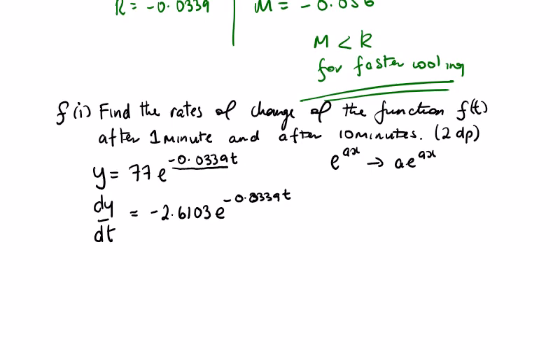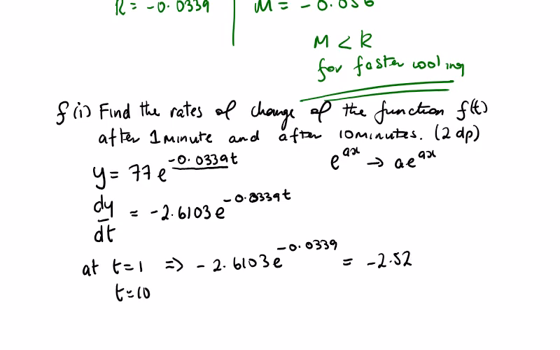So I just need to put 1 in and I need to put 10 in. So at t equal 1, I'm going to get minus 2.6103 e to the power of minus 0.0339. And on a calculator, that is going to give me minus 2.52.